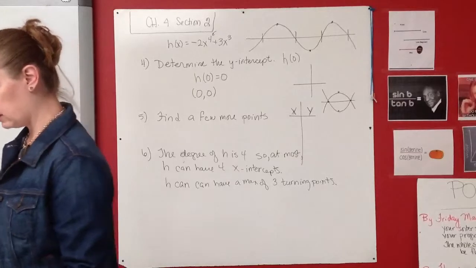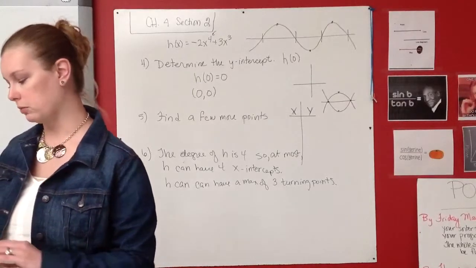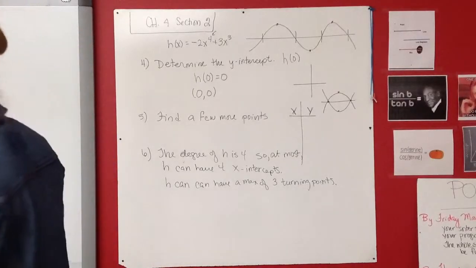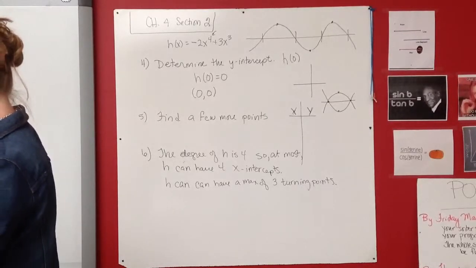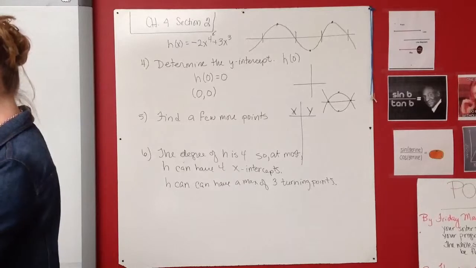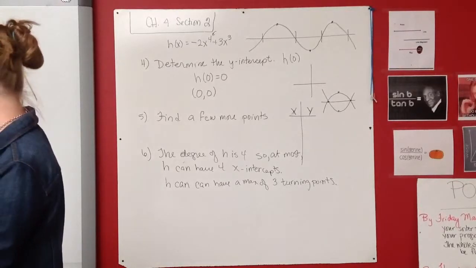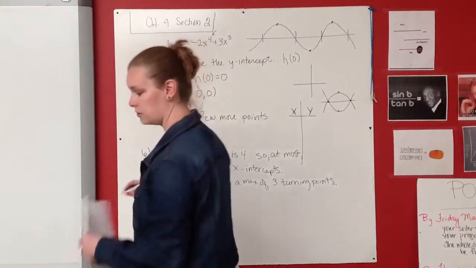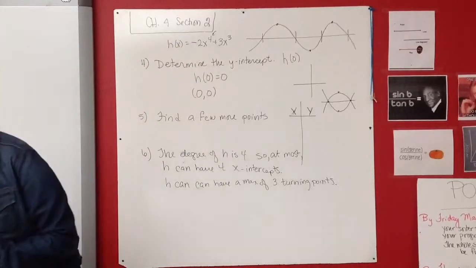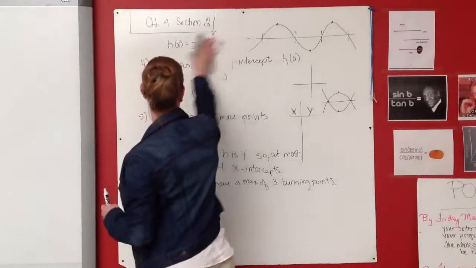So again, there are more examples in the text that it would probably be a good idea for you to look at. I want to reiterate that the steps that you need to graph a polynomial function are listed on page 311. And I also need you to take a look at the intermediate value theorem. That is on page 315. That's sort of important as well.